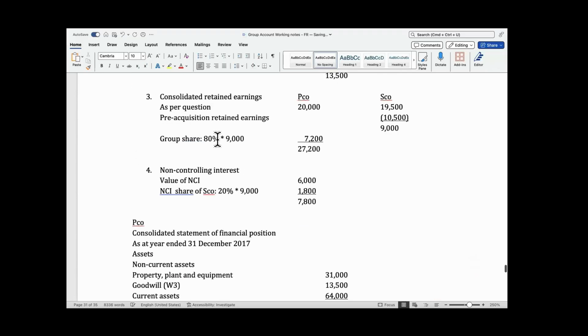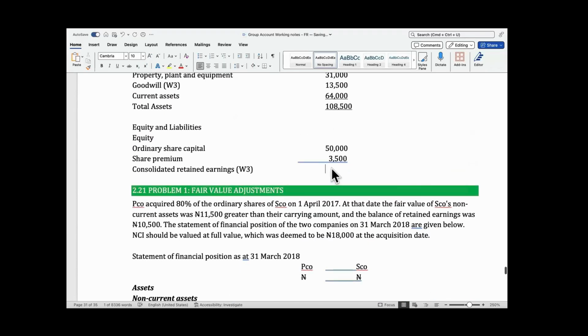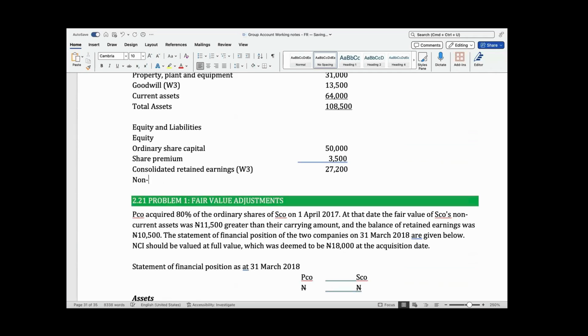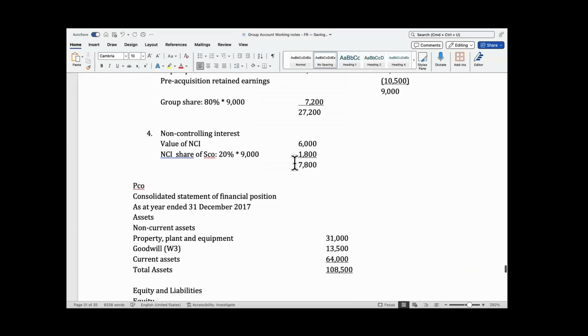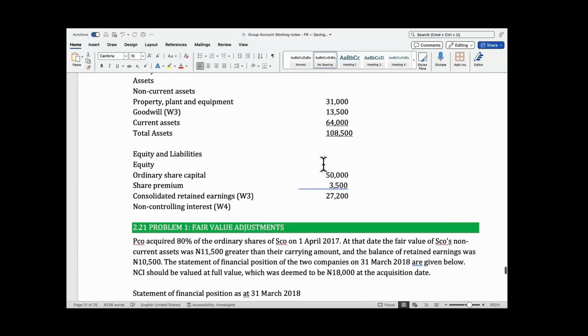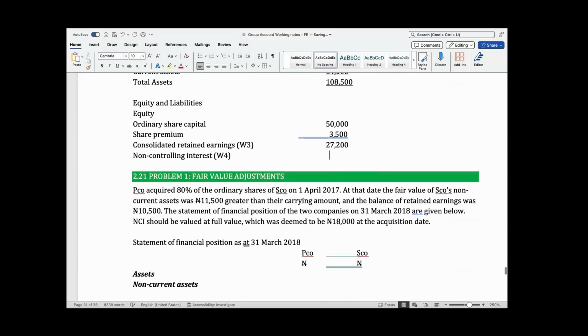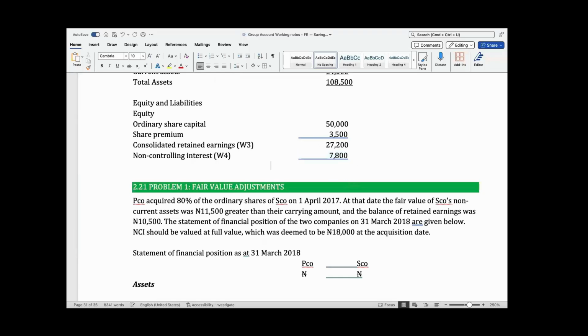How much is that? 27.2. Then non-controlling interest, which is working 4. 7.8. So what's the addition of everything? 88,500.